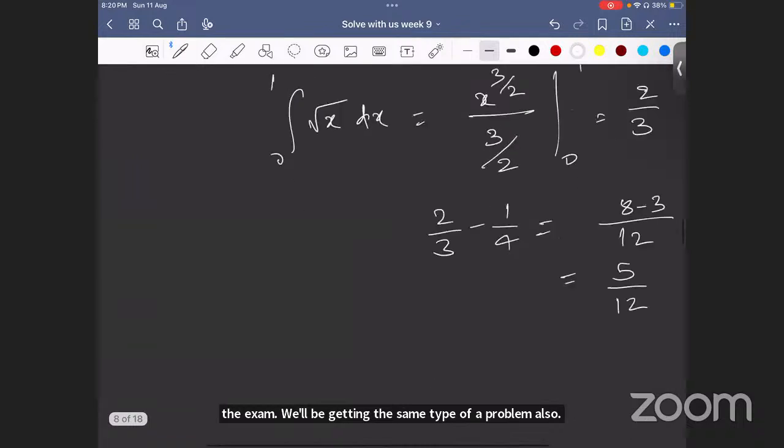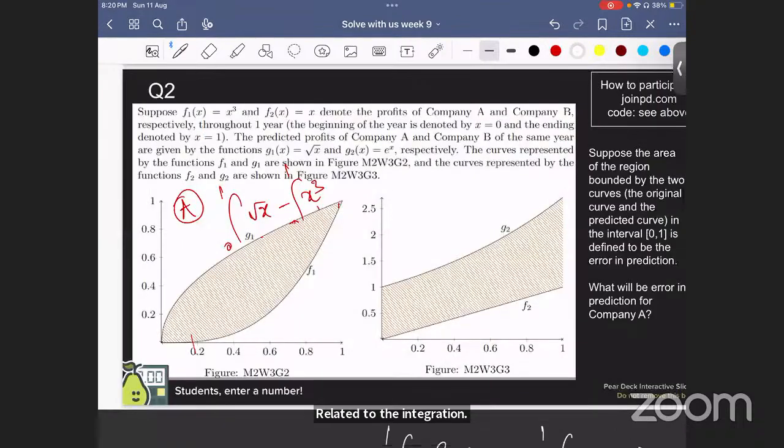Now, have you calculated for company B, the error in prediction for company B? What is the error in prediction for company B?